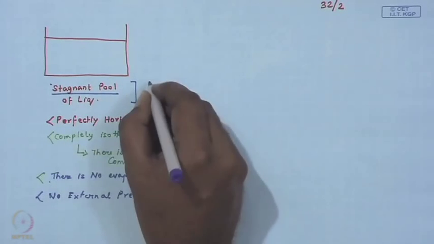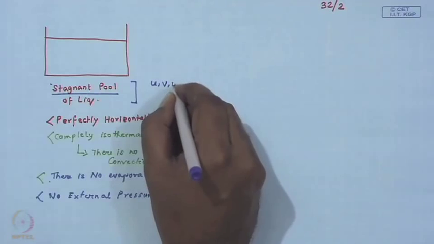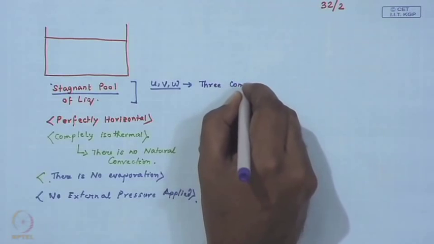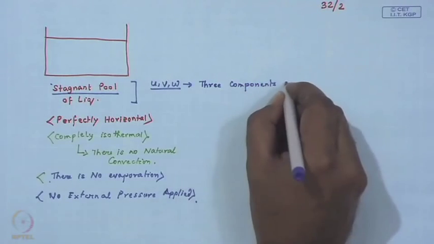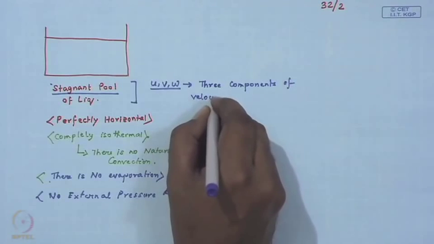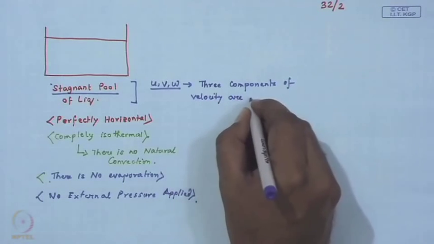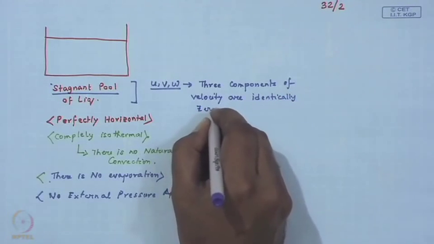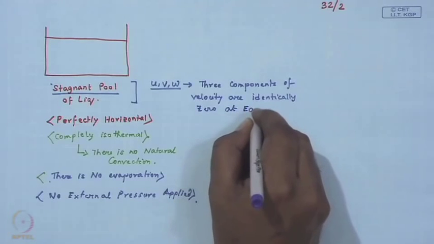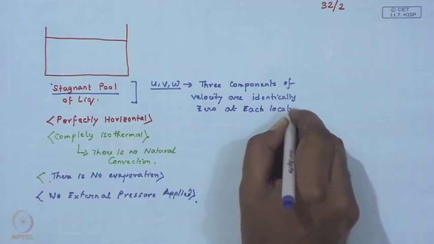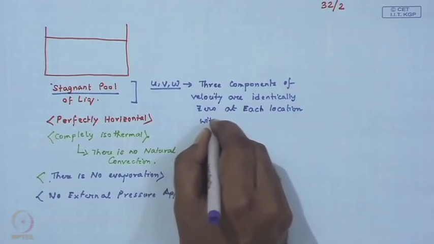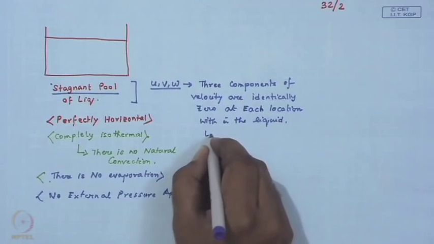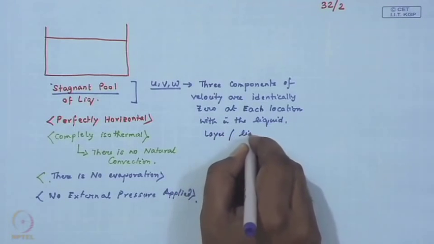So, what it means is that u, v, w, the 3 components of velocity, are identically 0 at each location within the liquid layer or liquid pool.